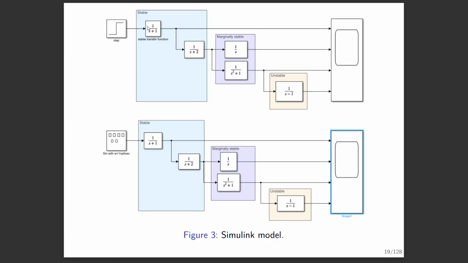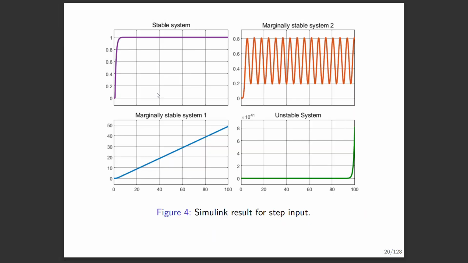For the unstable system, the response to a step input, which is bounded, would be unbounded. So for the unstable system, the response to a step is unbounded.